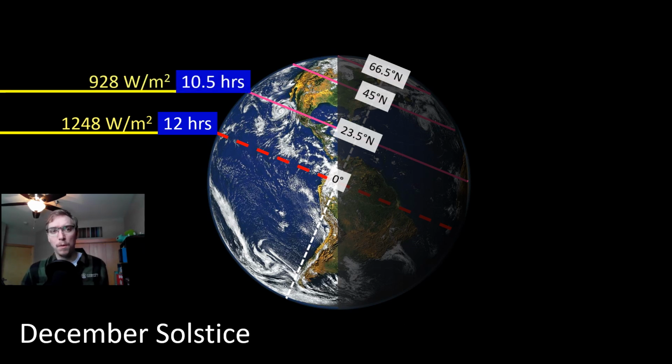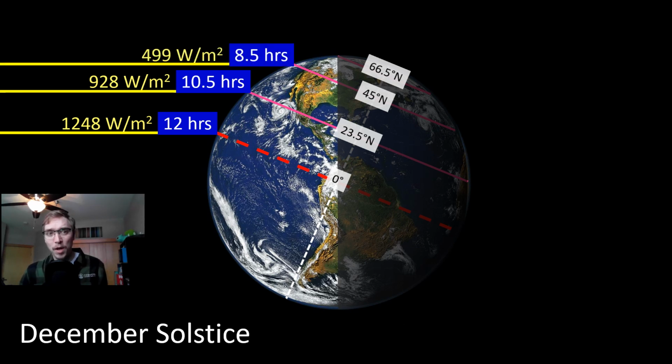Then 928 watts per meter squared and 10.5 hours of daylight, 499 watts per meter squared and 8.5 hours of daylight, and 0 watts per meter squared and 0 hours of daylight, the land of the midnight sun. So we can see how in winter, for example, these times can vary pretty extensively from the equator all the way up to the North Pole.